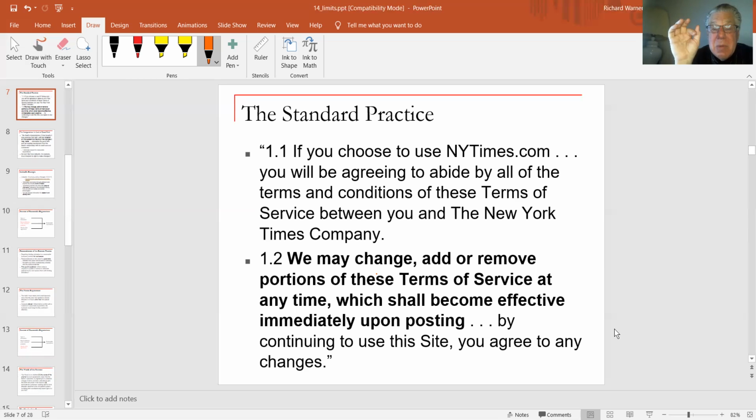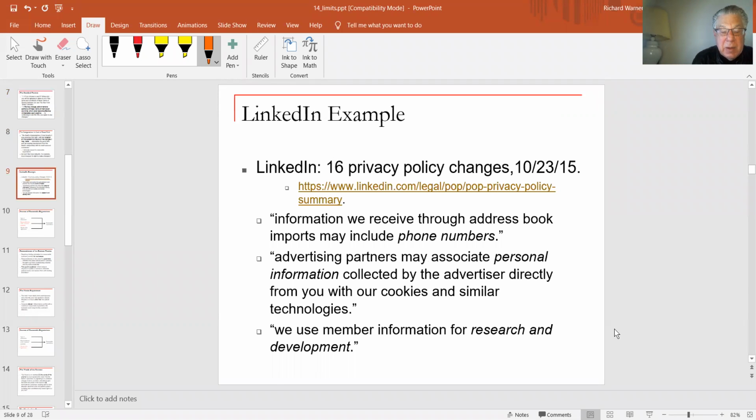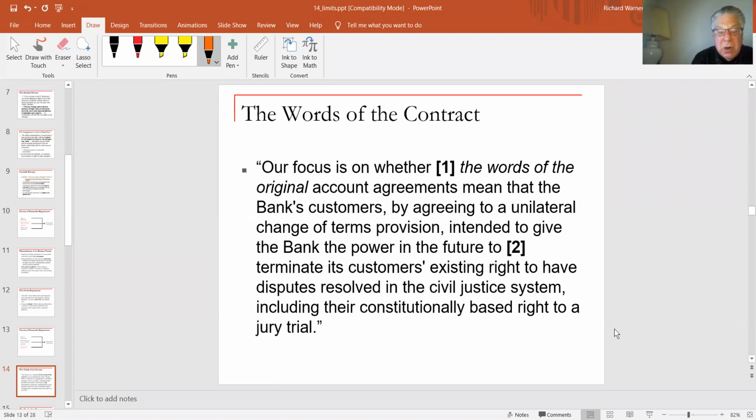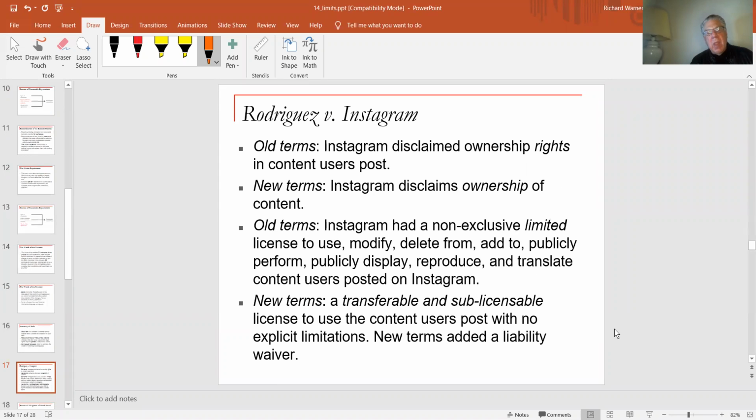And it turns out that we're going to carefully read the words of the contract is also very bad news for businesses, as we'll see in the next case. So this is Beatty, and as I say, it wasn't good news, but shortly after Beatty, there's another case, Rodriguez versus Instagram, that's very, very similar to Beatty, except in this case, the words of the contract are completely unambiguous, and they count heavily against thinking that the change is enforceable.